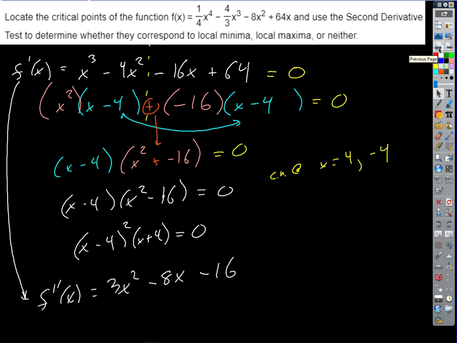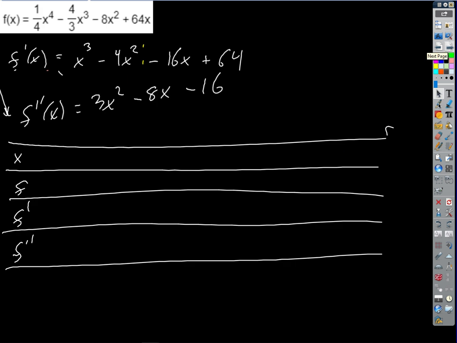So we found... So we had first derivative critical numbers at 4 and -4, right? So let's just add this stuff to our table. So -4 and 4, those were zeros of the first derivative.